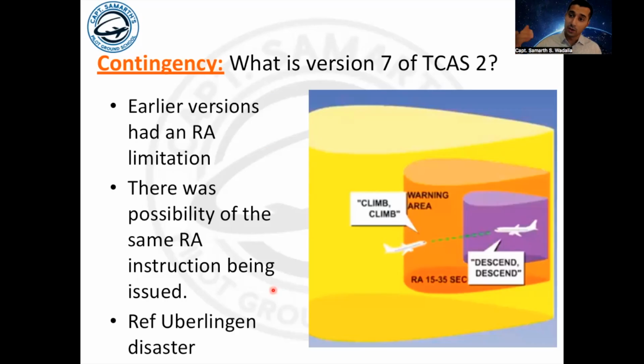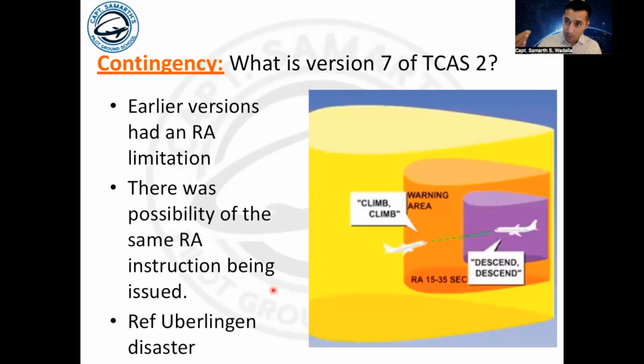With software version 7.1, TCAS is now able to constantly monitor what both pilots are doing. In the event that one of the aircraft is making a mistake, for example, one has been asked to climb, the other has been asked to descend, and unfortunately the pilot who's asked to climb opts to descend for some reason, and both find themselves descending, TCAS now has the ability to give the other aircraft a reversal instruction and say, no, climb, climb now.